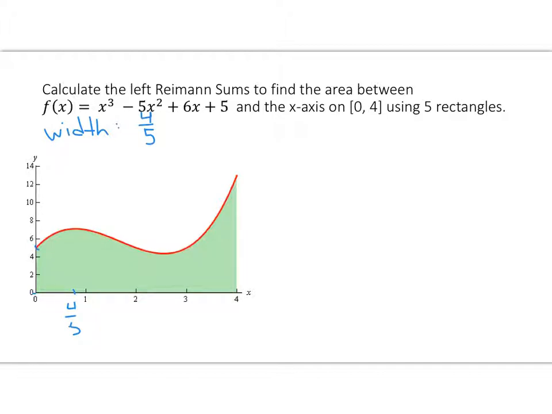So here, there's my 4/5 line. This is my first rectangle. Then I have my 8/5, my 12/5, 16/5, and my 4. So I can bring each line up, but I know it's the right side, the left side is where I want the point for my rectangle.